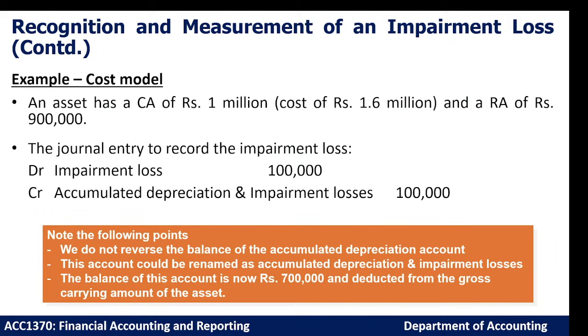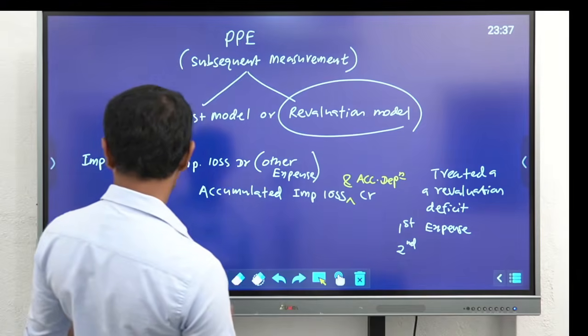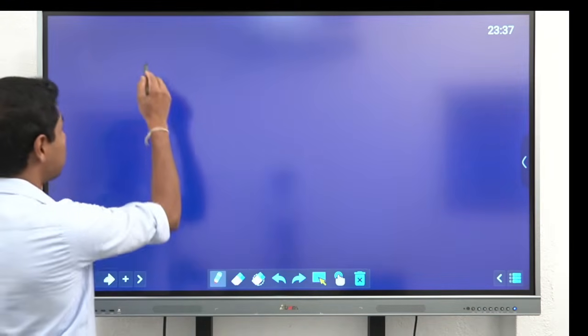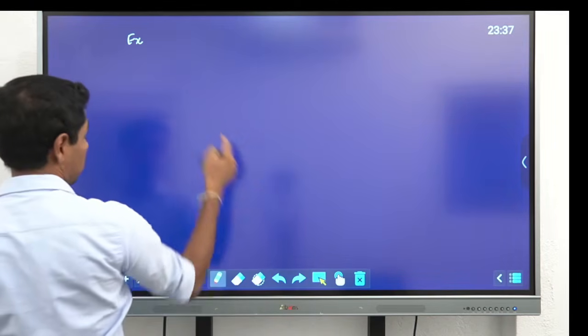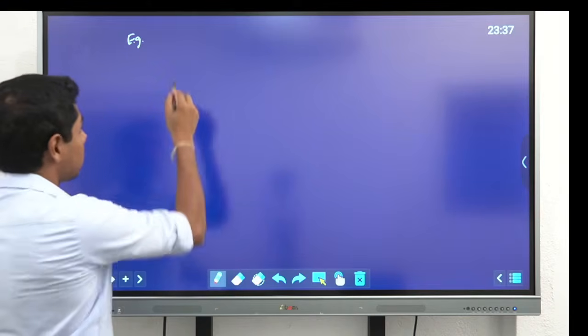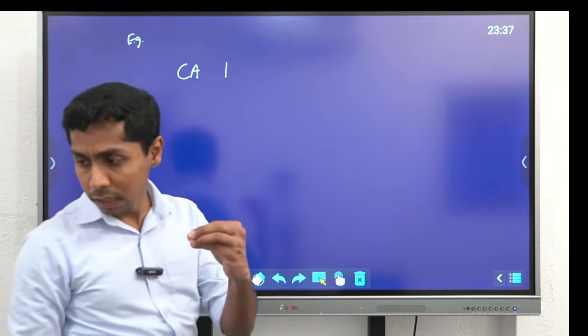The example says an asset has a carrying amount of 1 million, cost is 1.6 million, and the recoverable amount is given as 900,000. Let me take the summarized information here. The carrying amount is given as 1 million, and here we are given the recoverable amount.